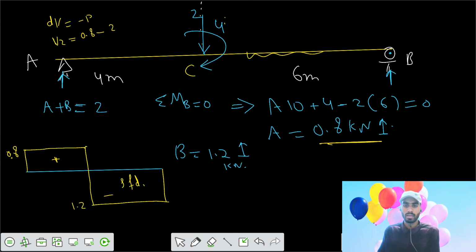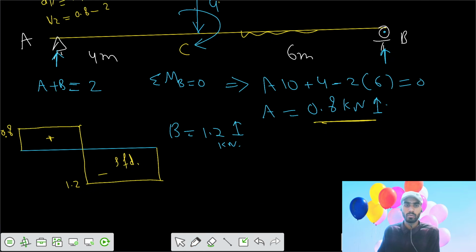And for the BMD, we know that at the point where shear force changes sign, let's make the diagram firstly, we can calculate later. Let's say this is your bending moment reference line.